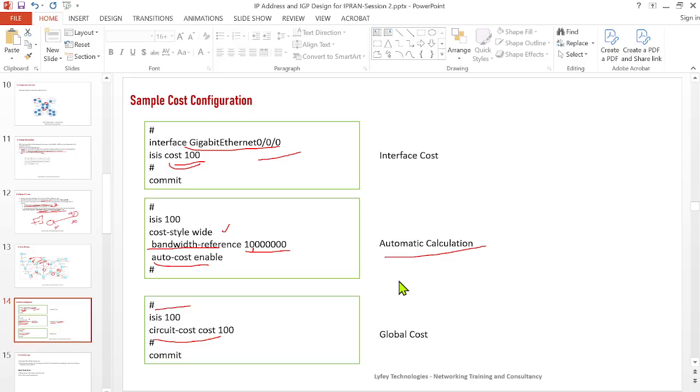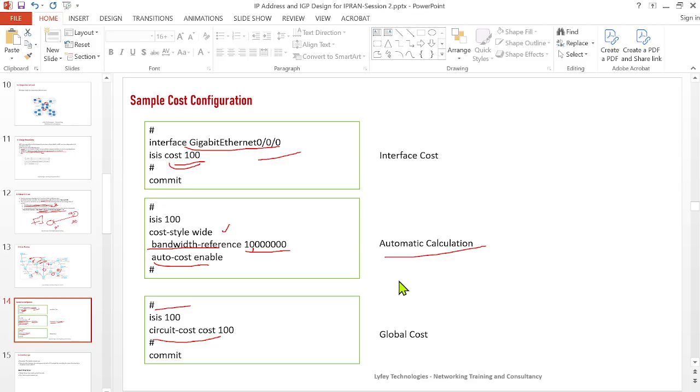I have mentioned that this purely depends on the standard. Like when you join a company, they always have their standard. They have specified that this link between the CSG and the CSG should be configured with a cost of 1,000. Then yes, that's what you should adopt.